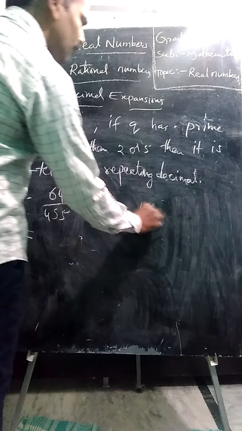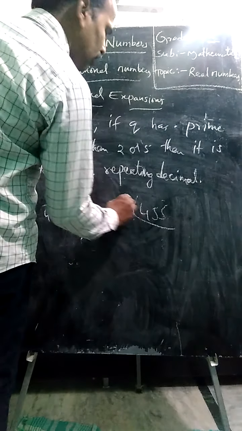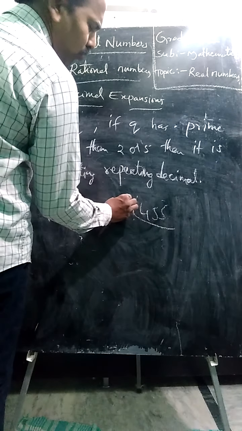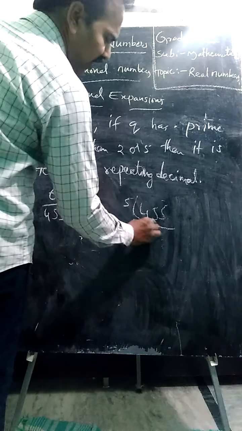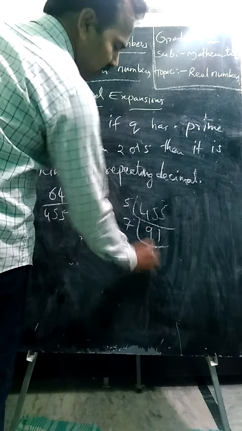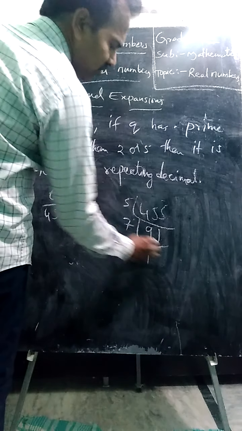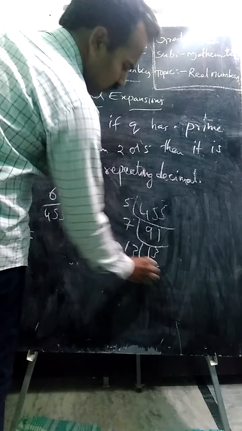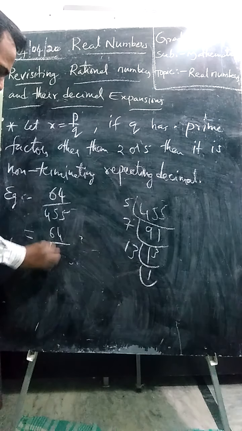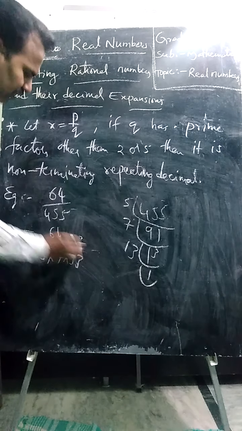Now write 455 as a product of primes. It's not possible with 2 table, 3 table. Next 5 table, 91. 91 is possible with 7 table, 7 thirteens are 91. So we can write 64 by 5 into 7 into 13.